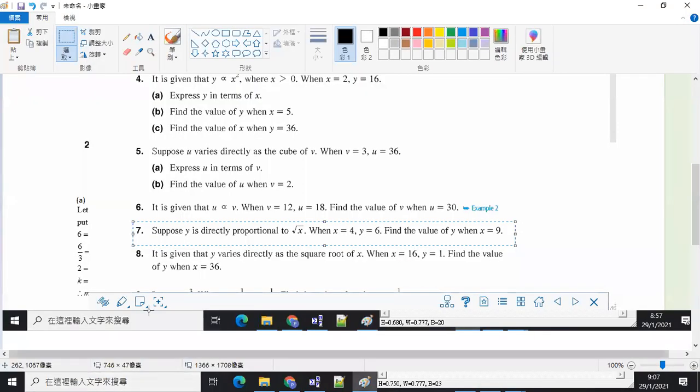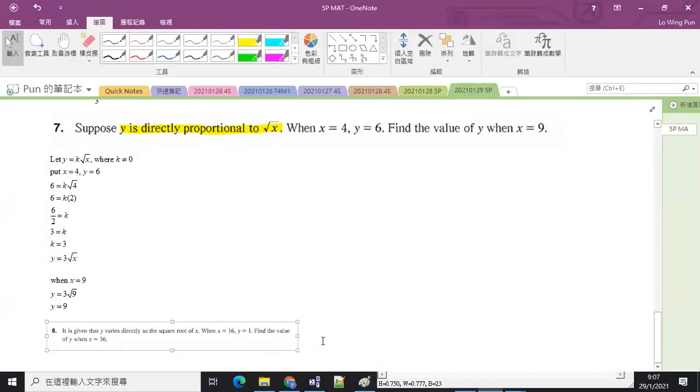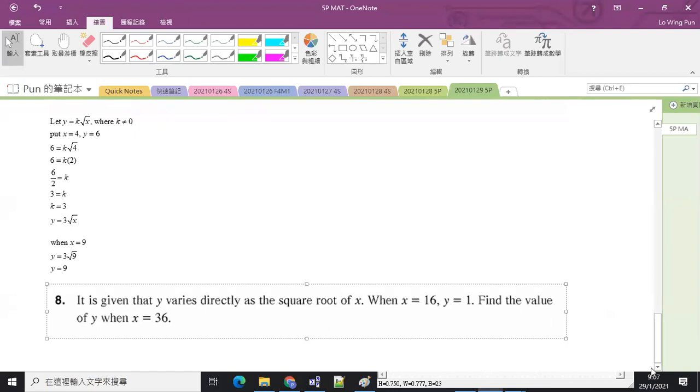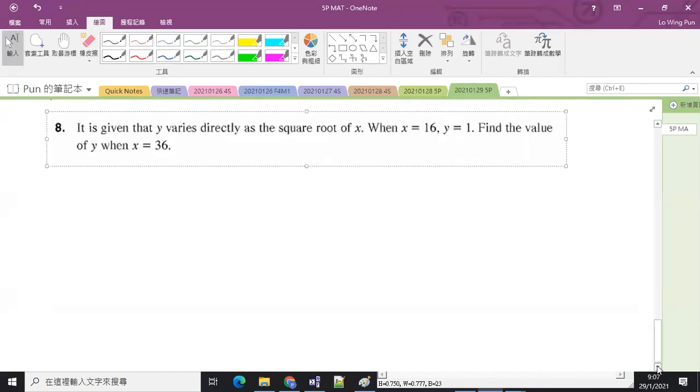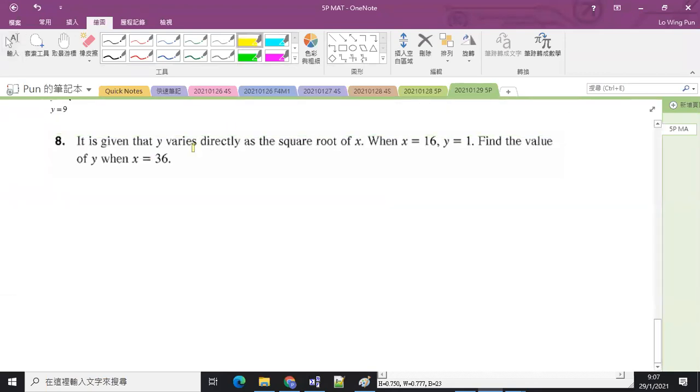Number 8. So it is given that y varies directly as the square root of x. So please highlight this. Y varies directly as the square root of x.